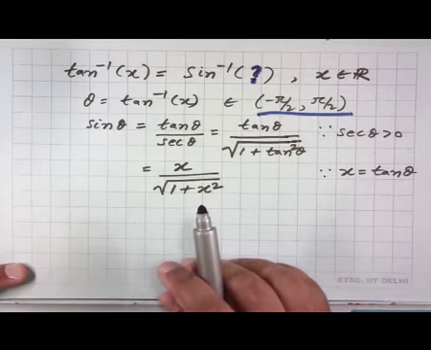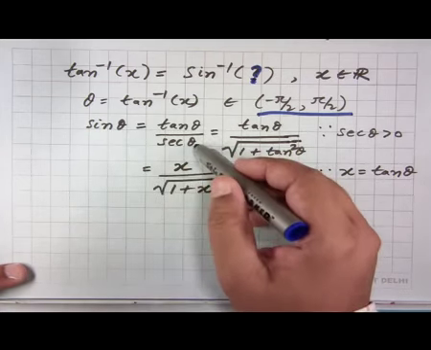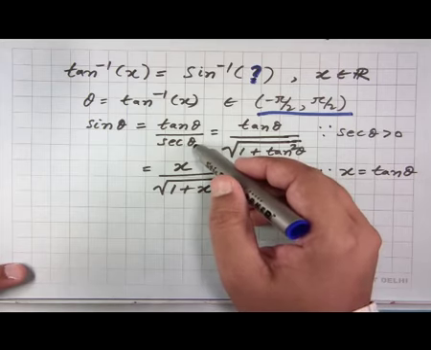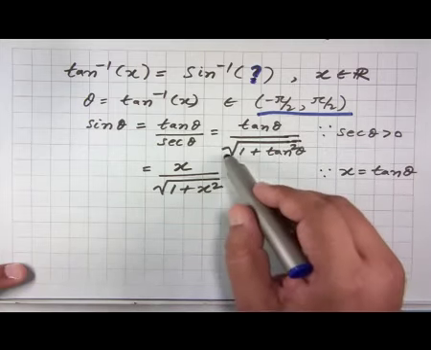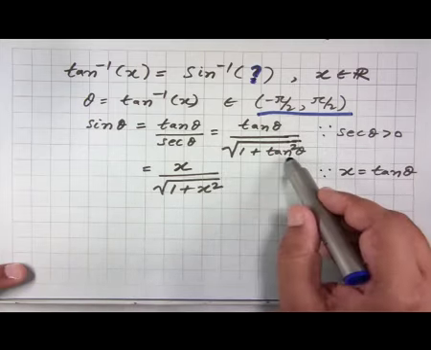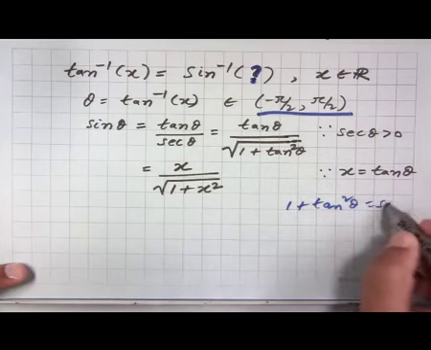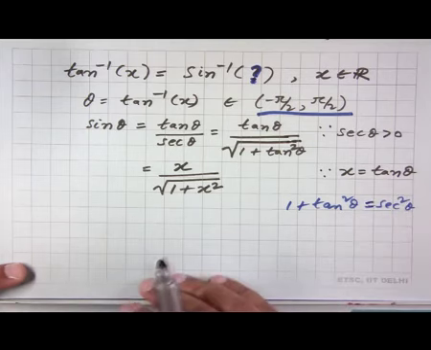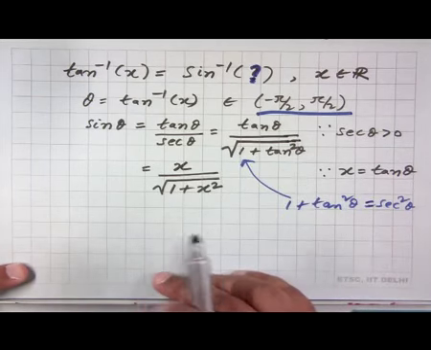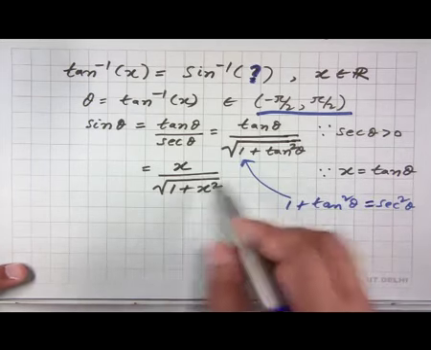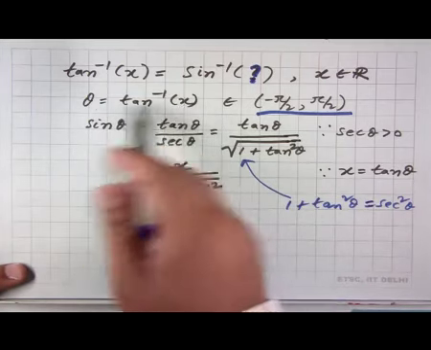and then sine theta can be written as tan theta over secant theta, because secant theta is 1 over cos theta, which is equal to tan theta over square root of 1 plus tan square theta. So, we know this identity that 1 plus tan square theta is sec square theta. So, this is what we have used for this step over here. Since theta is defined like this, it is obvious that x is actually equal to tan theta.